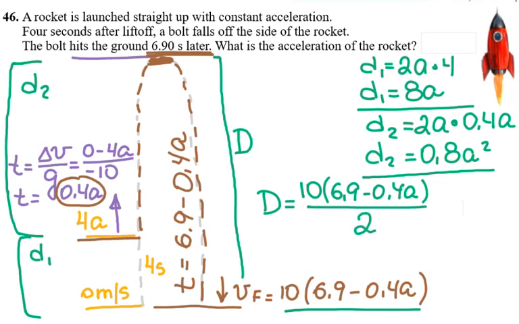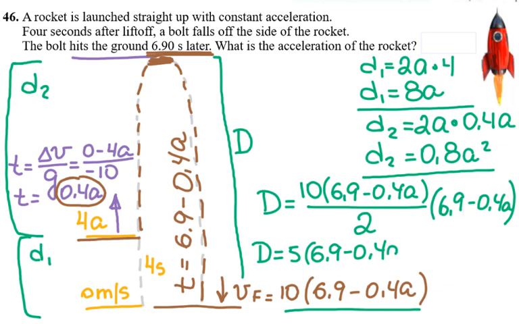But the time is 6.9 minus 0.4a. So I have the distance is equal to 5 times (6.9 minus 0.4a) squared.